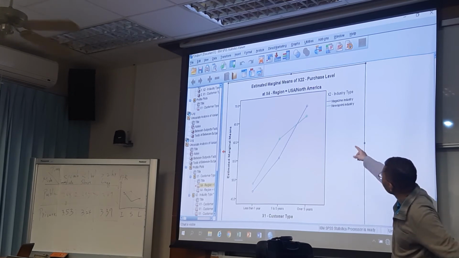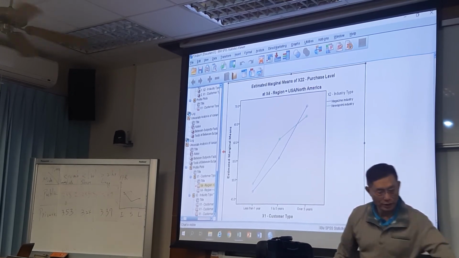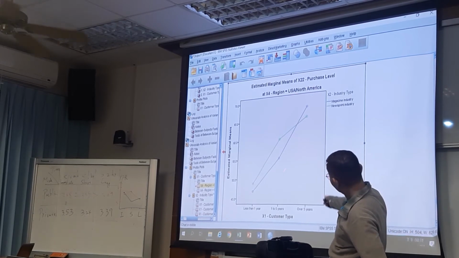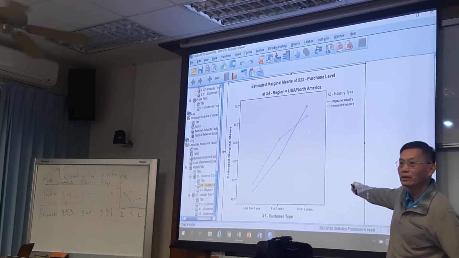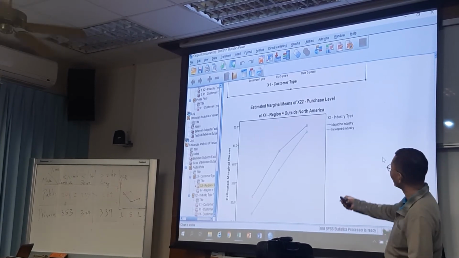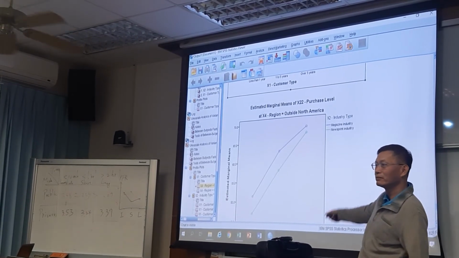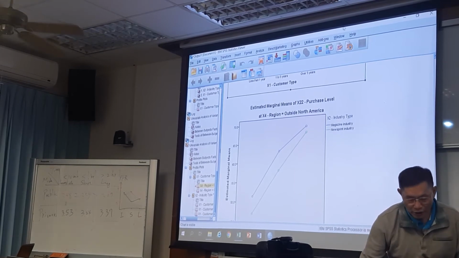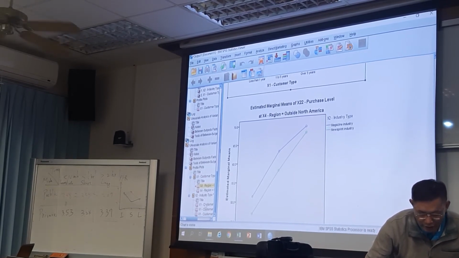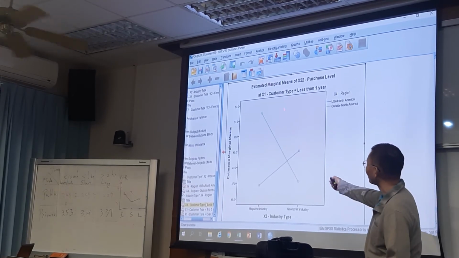There are 2 plots. This is X4 equals 0, a 3 by 2 plot. The second plot is X4 equals 1. The other option is 3 plots: you can see X1 equals 1, a 2 by 2 plot.